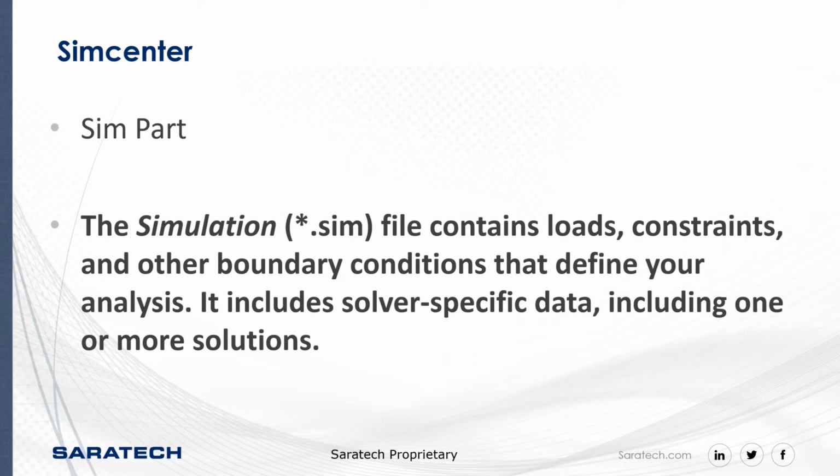So you just have to move on up to the sim part if you want to apply loads and constraints. But if you need to edit elements or properties, you have to do that at the FEM level, which is easy to do. As I mentioned earlier, using that simulation view, we can go ahead and move to the FEM or the sim or the idealized part or whichever is appropriate at that point in time.